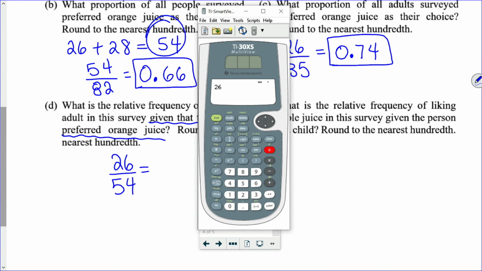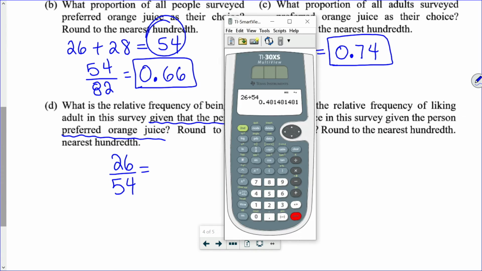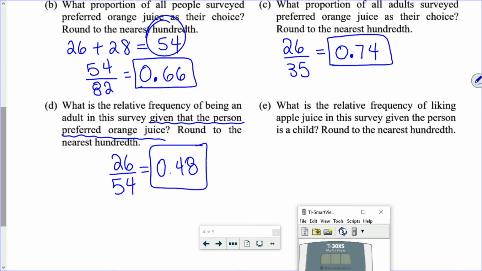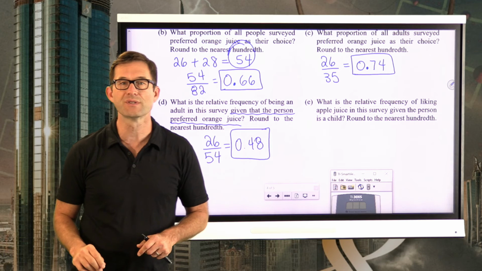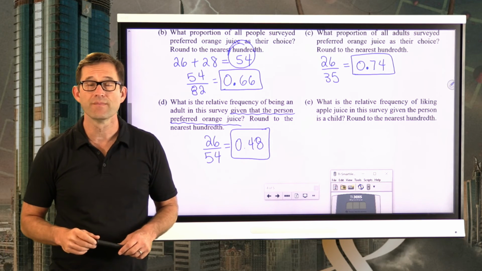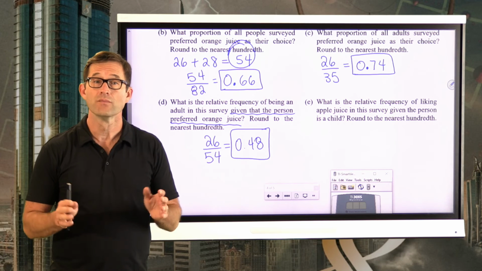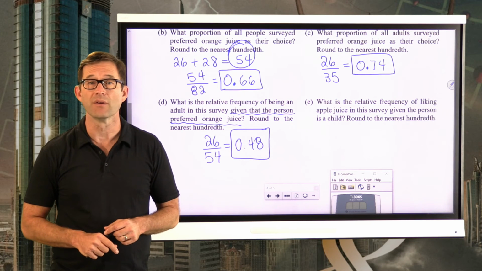So clear that out, 26 divided by 54, and we find that 0.48, right? 48% of those people who preferred orange juice happen to be adults. That's the way that we can interpret that.